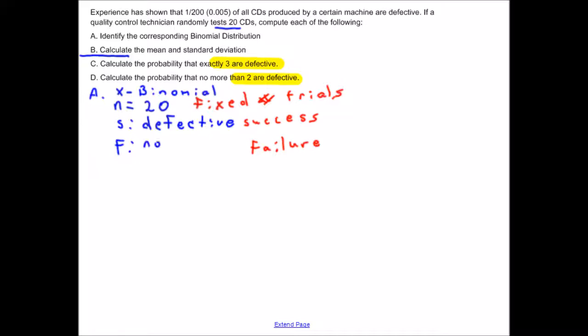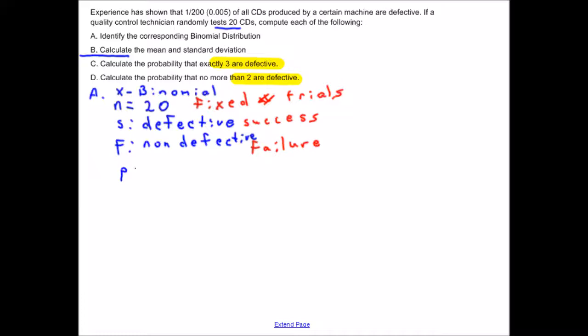Then non-defective would be failure. Two different outcomes. That's the bi part of a binomial. Two chances only.